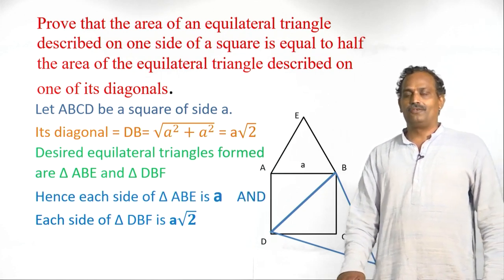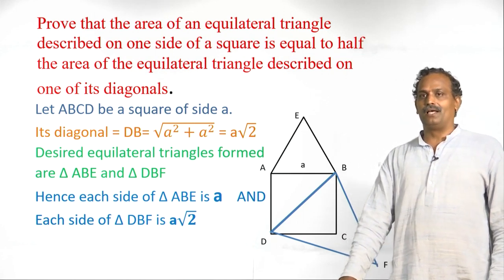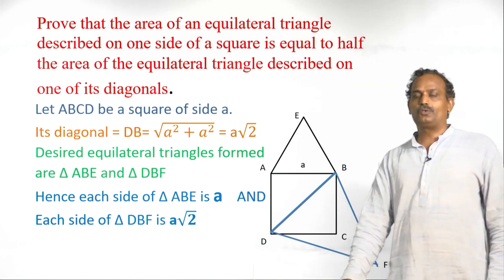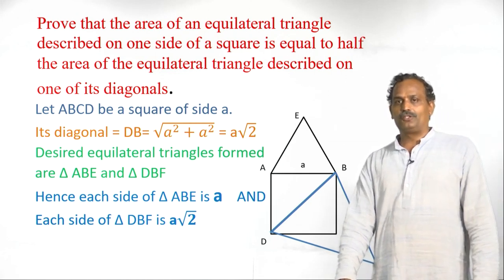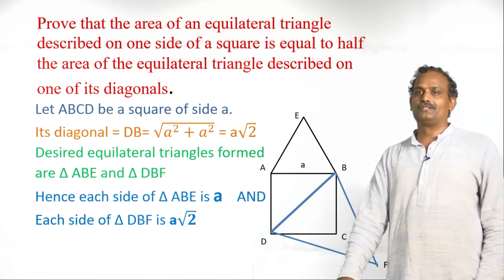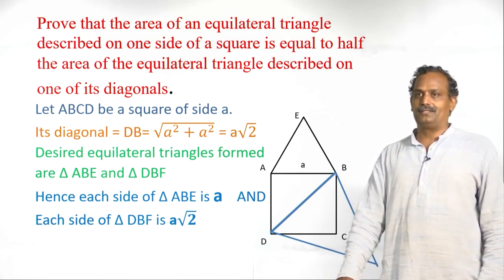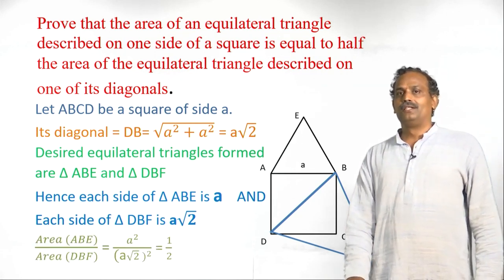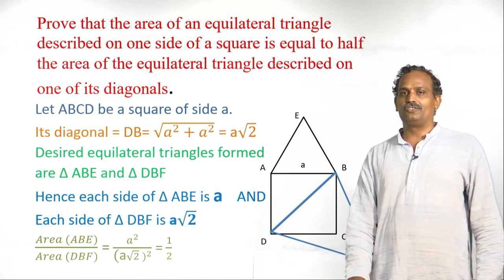So from this we can tell that triangle ABE is similar to triangle DBF. If these two triangles are similar, then from the theorem, the ratio of the areas of the triangles is proportional to the squares on the corresponding sides, and this we have already studied. Now let us summarize.